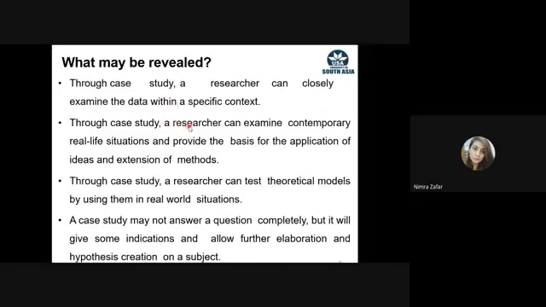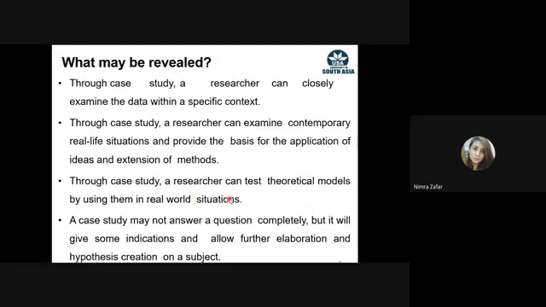Through case study, a researcher can examine contemporary real life situations and provide the basis for the application of ideas and extension of methods. Through case study, a researcher can test theoretical models by using them in real world situations.